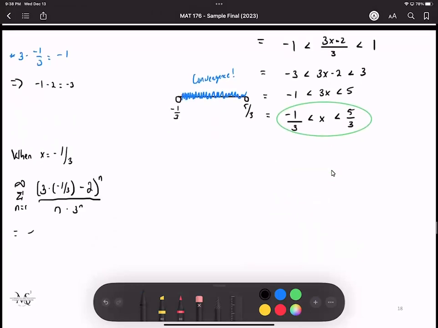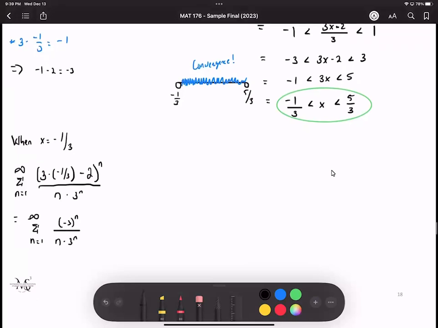I'll continue. So in the numerator, you will have negative 3 to the n power over n times 3 to the n. Now, what you can do here is rewrite the numerator as negative 1 to the n times 3 to the n, all divided by n times 3 to the n.